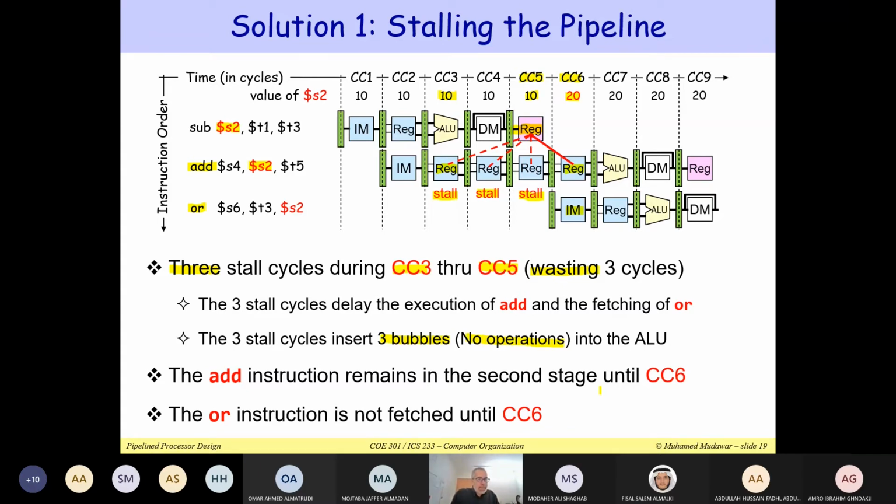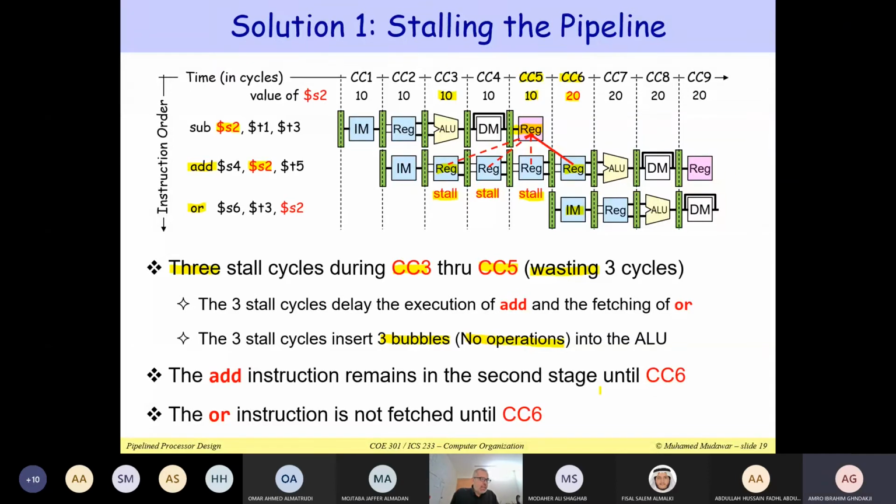Is there a better way to solve this problem? If we detect a dependency, can we start the next instruction? Can we modify the program counter to start, and then we come back? I don't know. We start with add, then, no, sorry, okay.